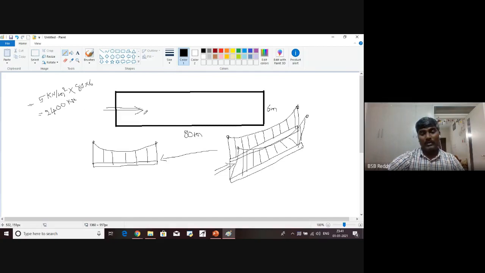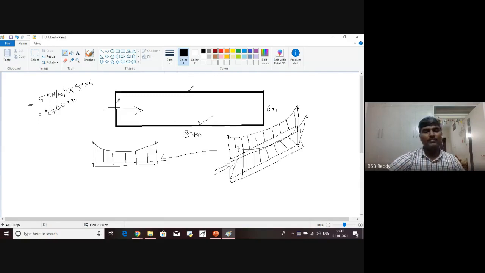And now what do you want? This is total point load. We have converted that into total point load: area into pressure gives you the total point load. So you need UDL along the girder. This is the girder. This is one girder, this is another girder.